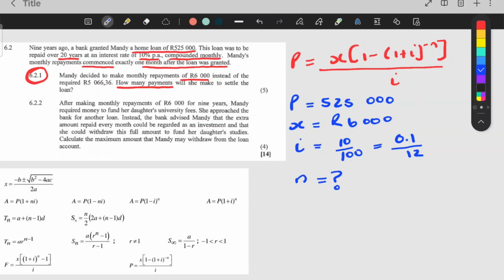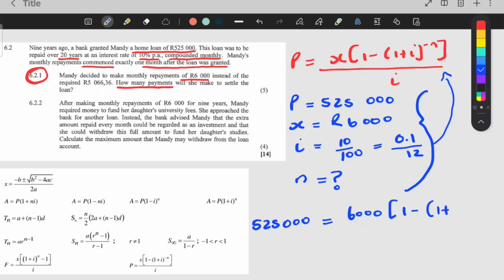We don't know what that is. So I'm going to sub this information into the formula. I'm going to start with P, so this is 525,000. Then x is the monthly payment, 6,000, times 1 minus 1 plus i, where i is the interest, to the power of negative n, over i, like that.